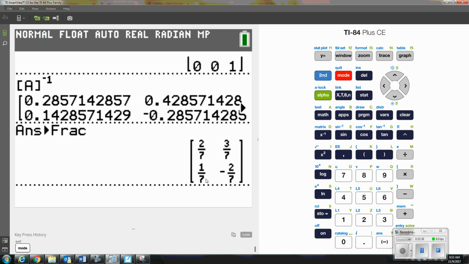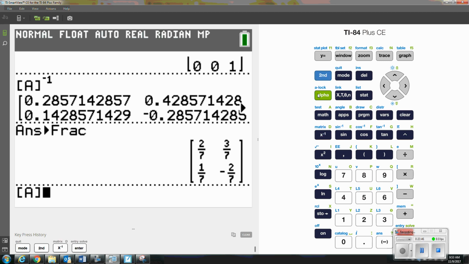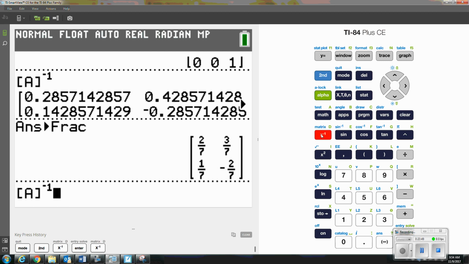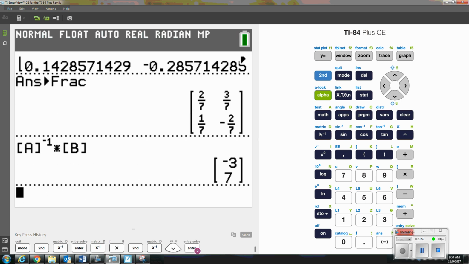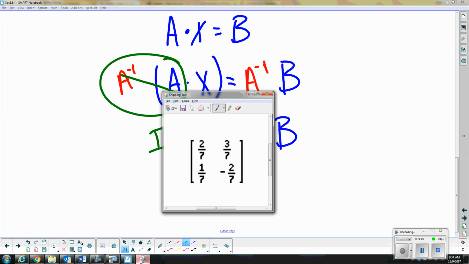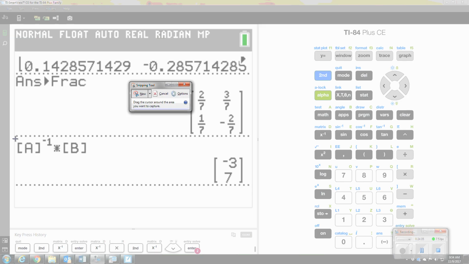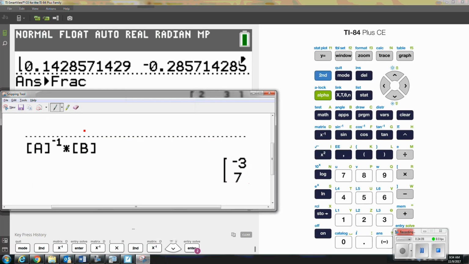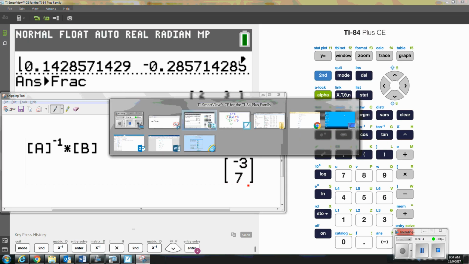Okay, so we already have our inverse of A. We'll select A, take the inverse of that, and multiply that by matrix B. And here's our answer. So the inverse of A times B is negative 3 and 7.